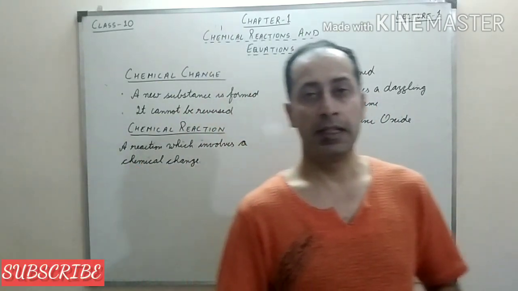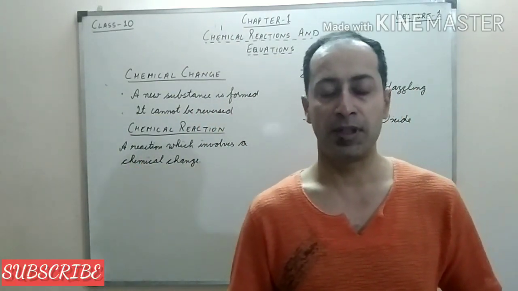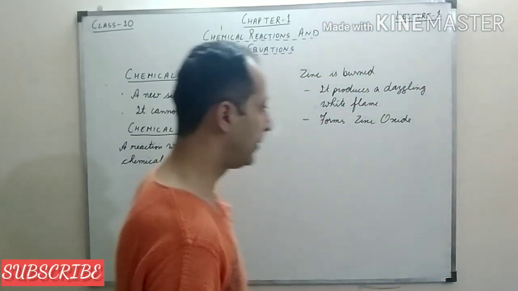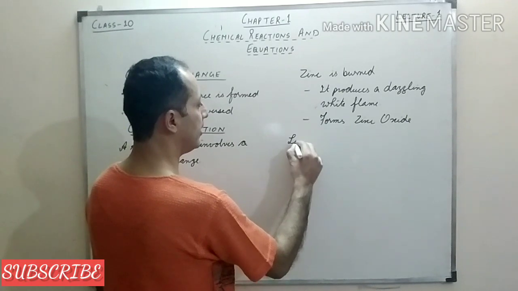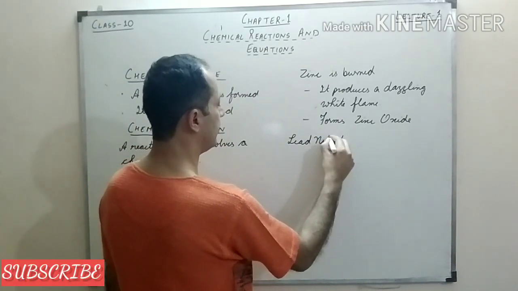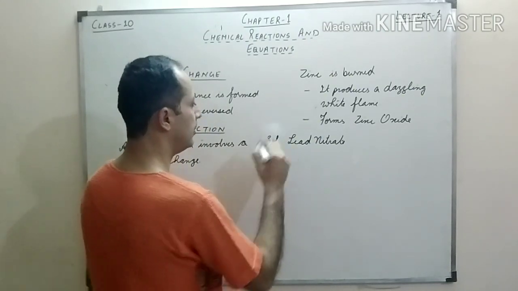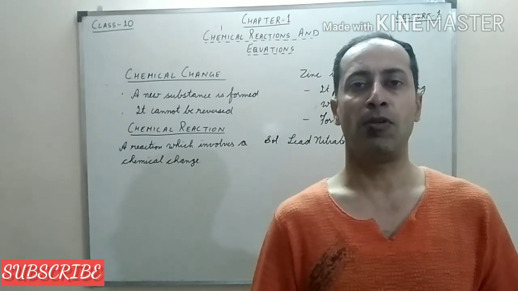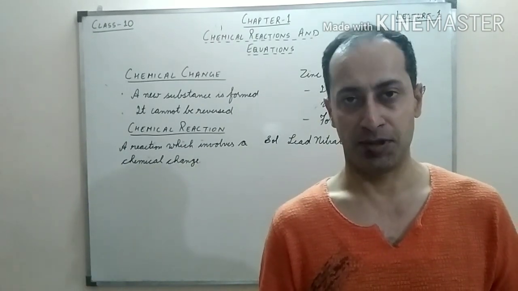Right, my dear friends, let's take another example from the book itself. It's given, if you have a solution of lead nitrate, formed in water. It's a clear solution, right?